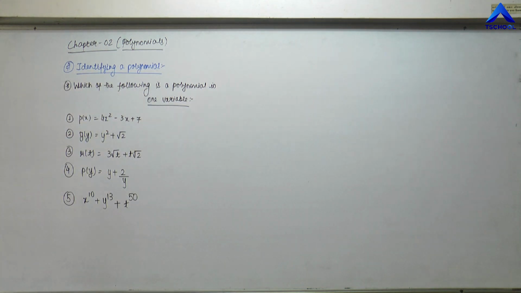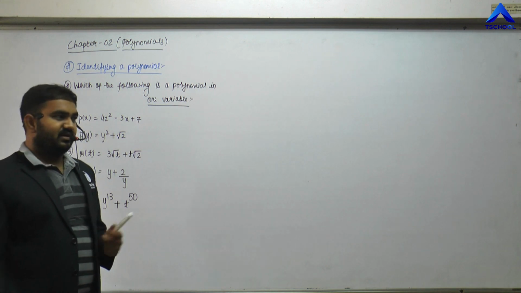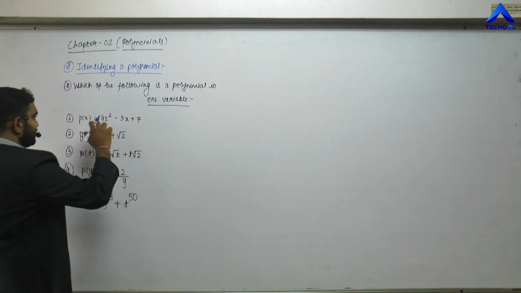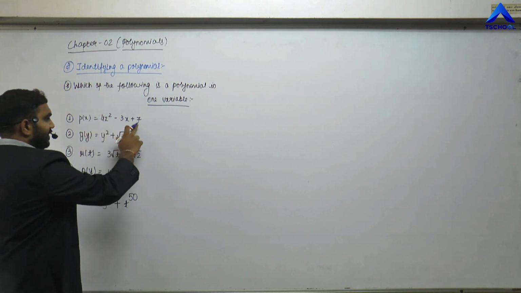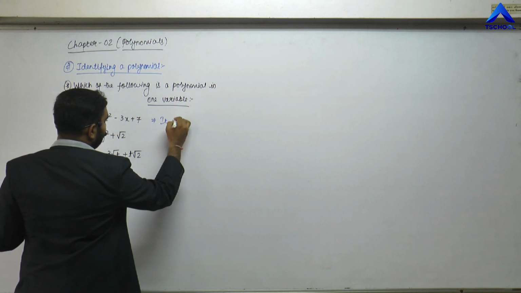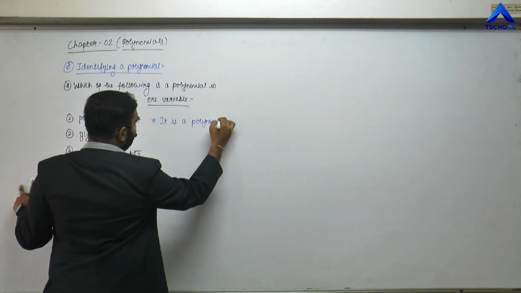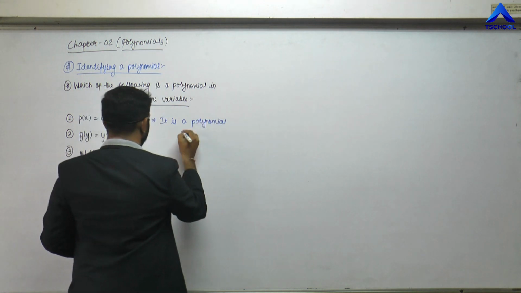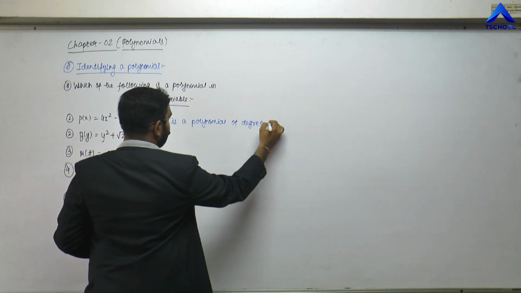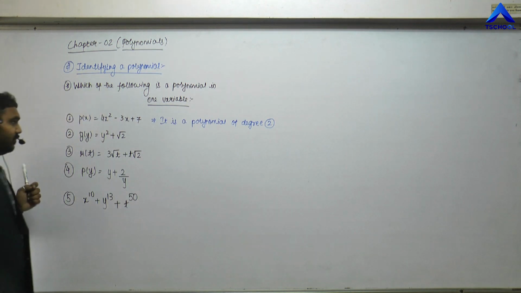If the polynomial contains any variable that has a degree other than a whole number, then that will not be a polynomial. So first of all, here it is 2, here it is 1, and here it is 0. So yes, it is a polynomial of degree 2, right? It is a polynomial of degree 2.